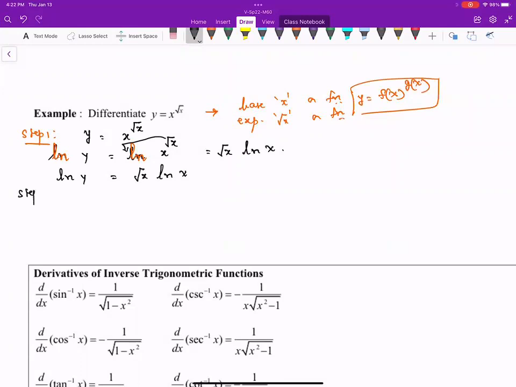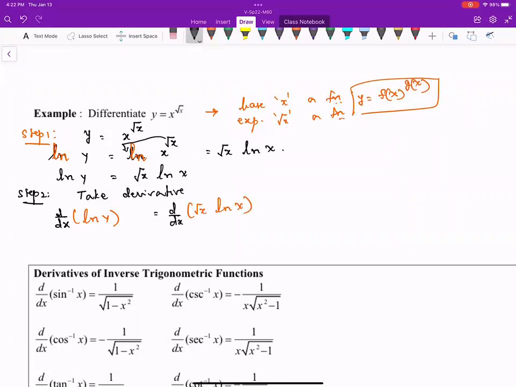So what is step 2? Take the derivative on both sides. So d by dx of the left hand side equals d by dx of the right hand side. d by dx of ln y equals d by dx of root of x ln x.